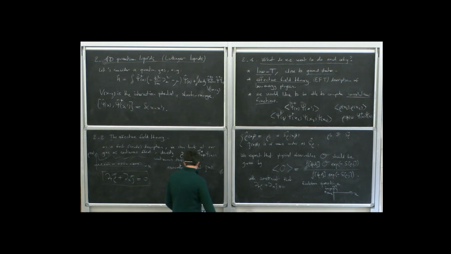Okay, so that's the key point. We want to think of it in terms of a path integral over this configuration of density profile and the associated current in space-time.